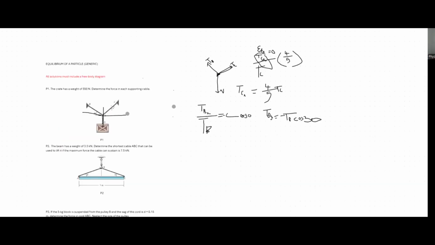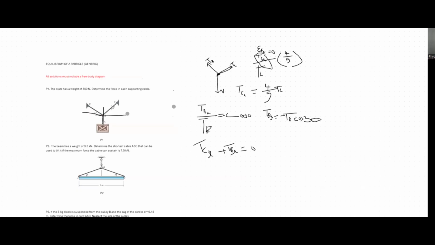Enough space. So we are going to say 2cx plus 3bx equals 0.